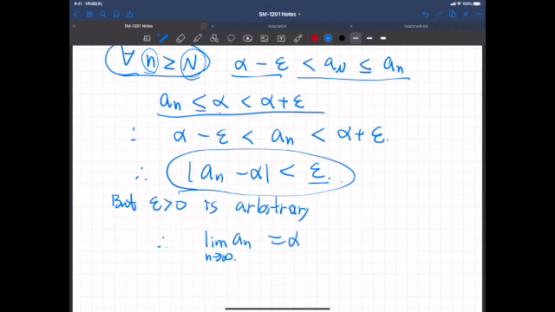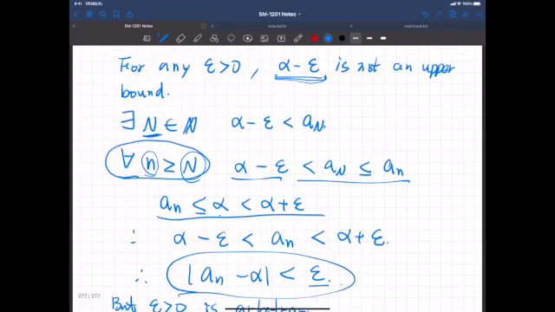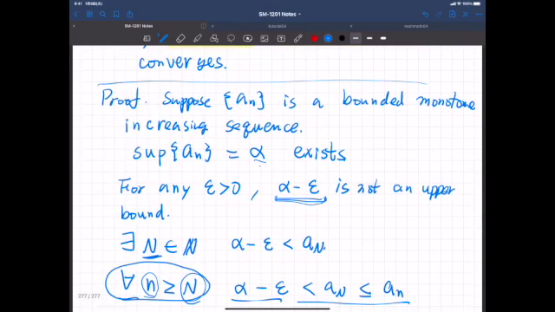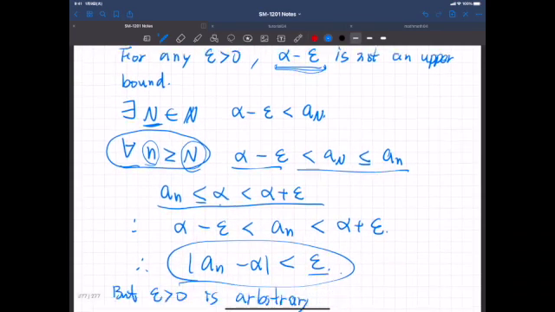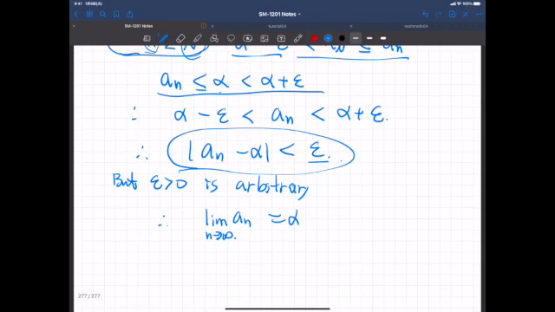Okay, so the proof is done in the case of a bounded monotone increasing sequence. And we can also show the same thing for a bounded decreasing sequence in a similar manner, which is left as an exercise. Okay, so we're done.